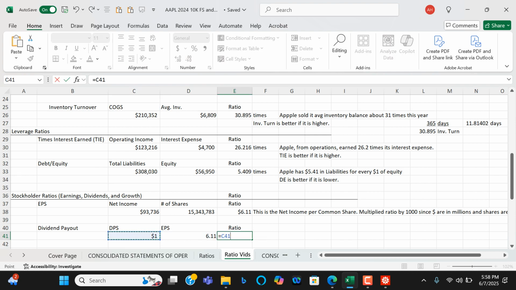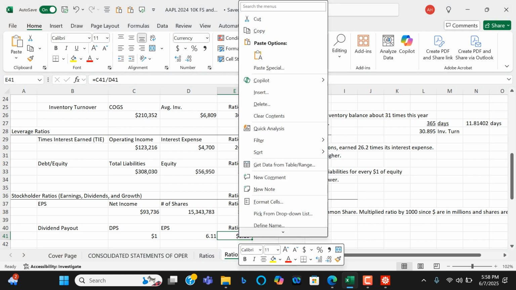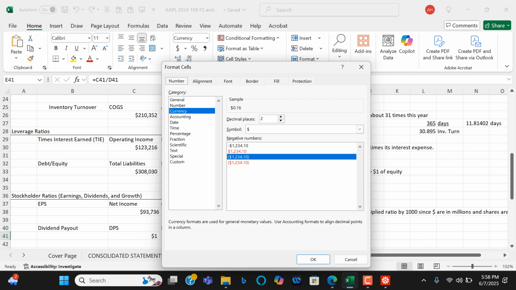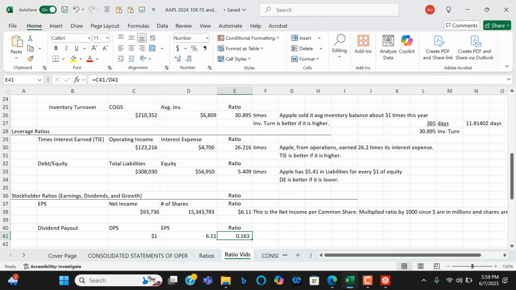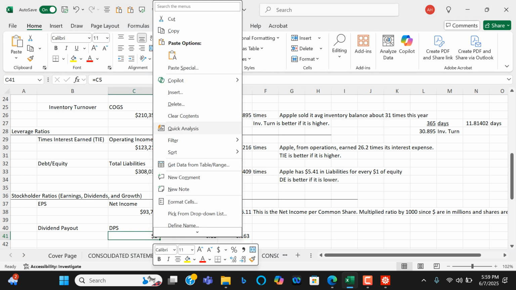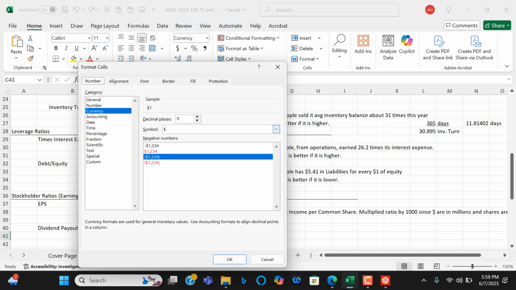So $1 divided by $6.11. You can leave it as 0.16, that's good enough, but I like to put it in percentage terms. About 16%.